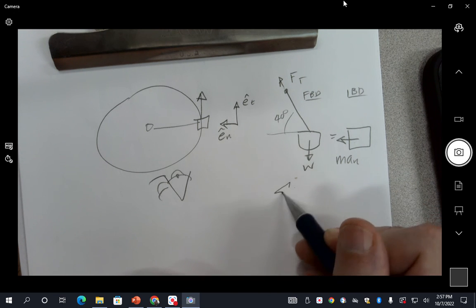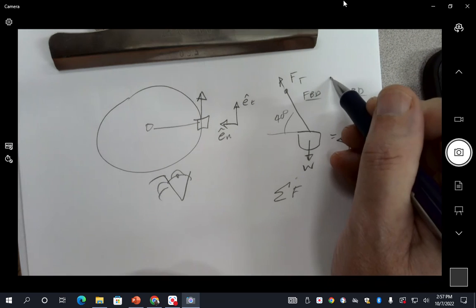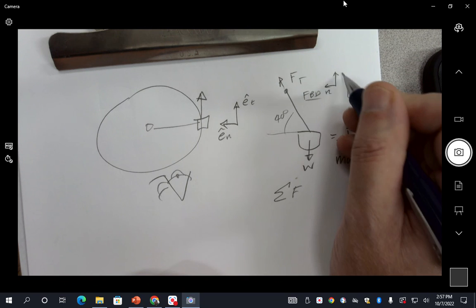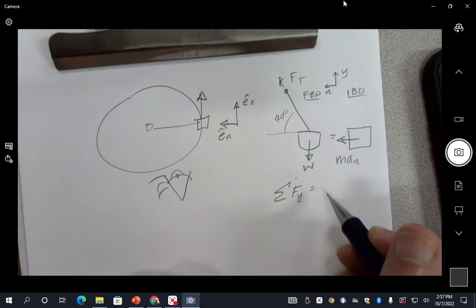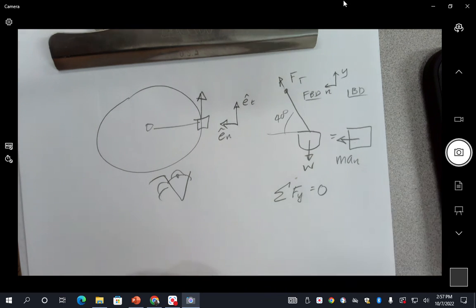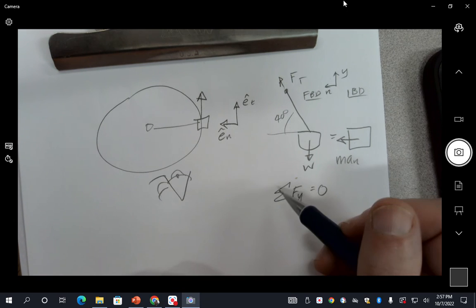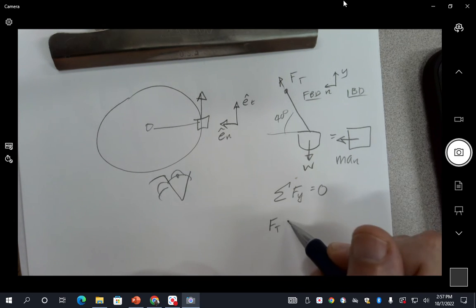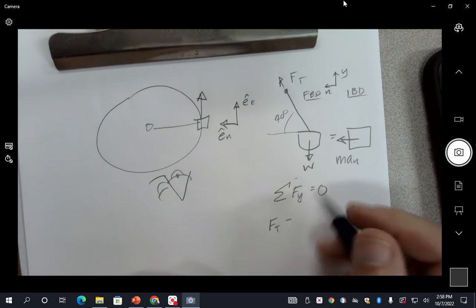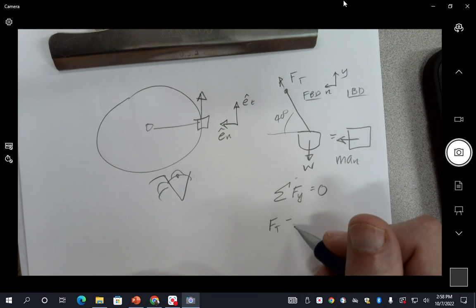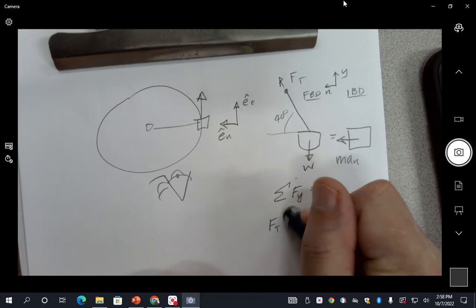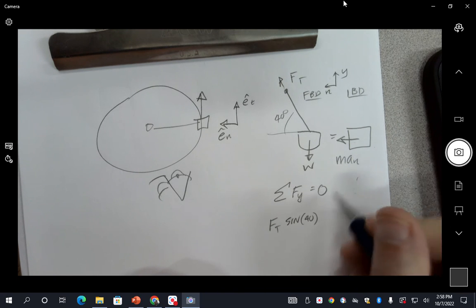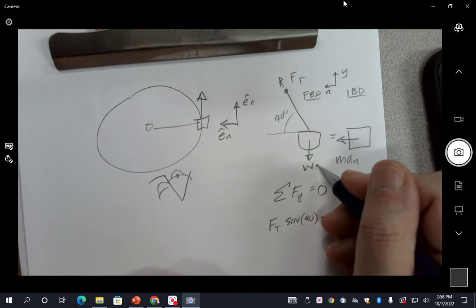We can get the sum of the forces in the, let's call this the y direction, and the normal direction. The sum of the forces in the y direction is going to be equal to 0 here, right? There's no acceleration in the y direction. So we get the tension times the sine of 40 degrees minus the weight, which they told us was 250 pounds.